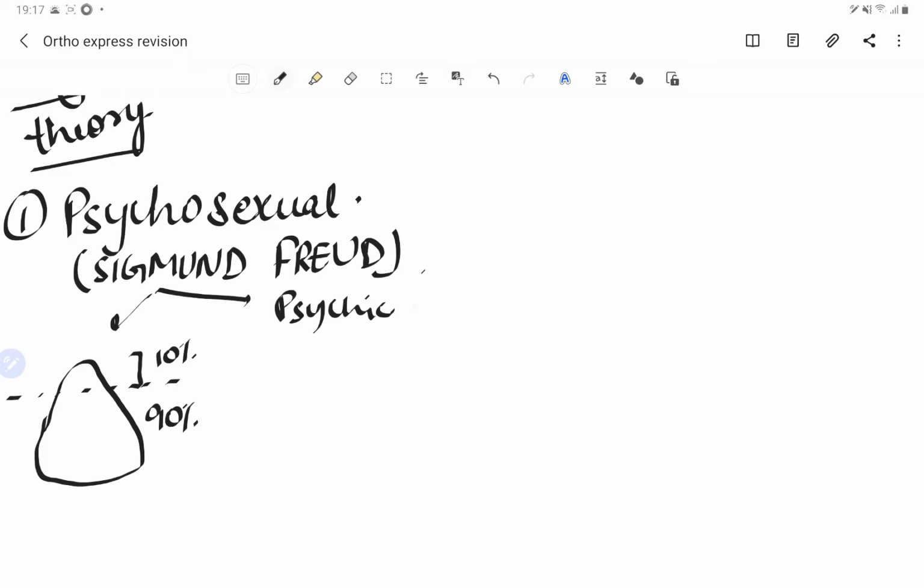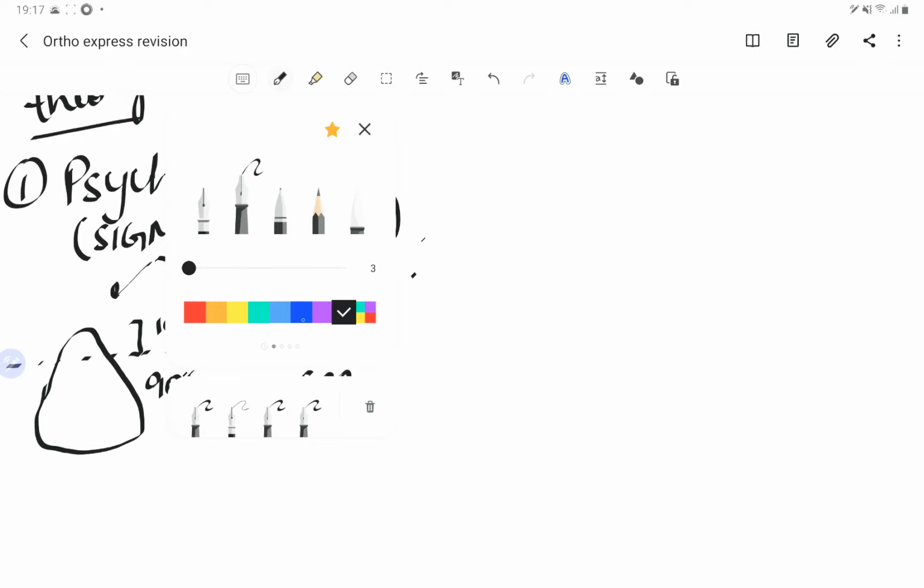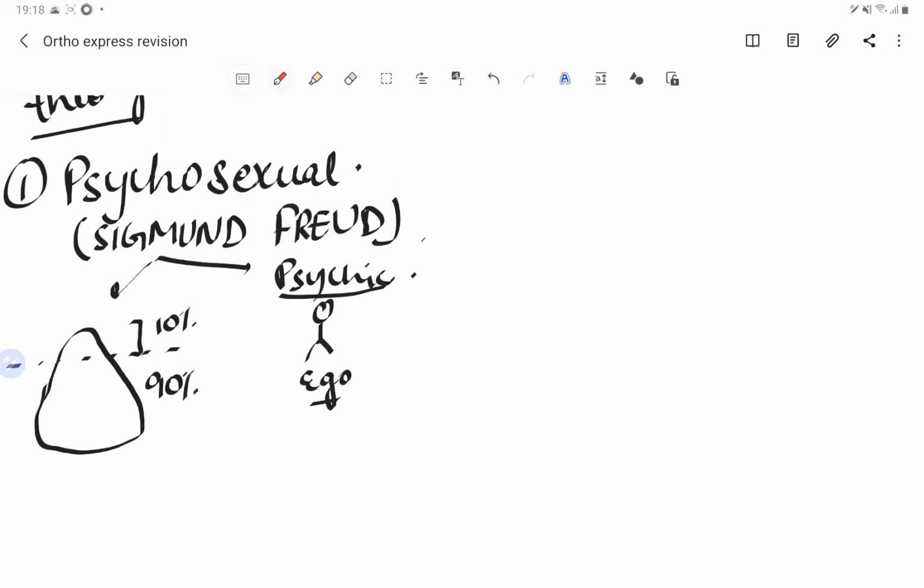The psychic model says that a person has three identities: the id, ego and superego. The ego is the reality. The id is basically the bad individuality, which works on the pleasure principle.